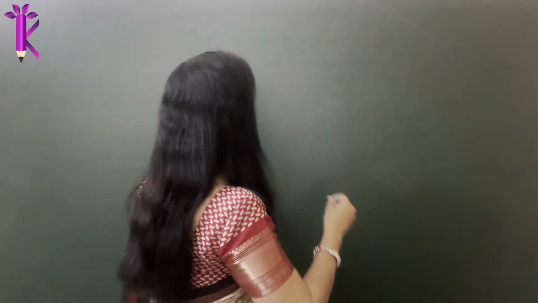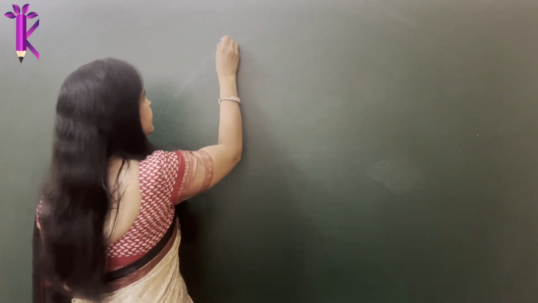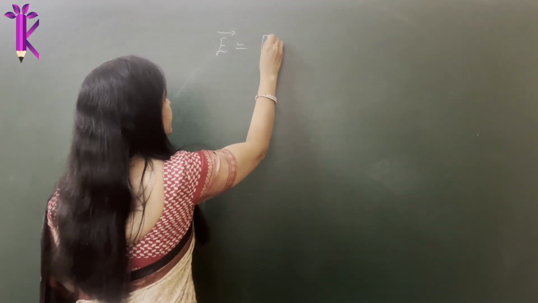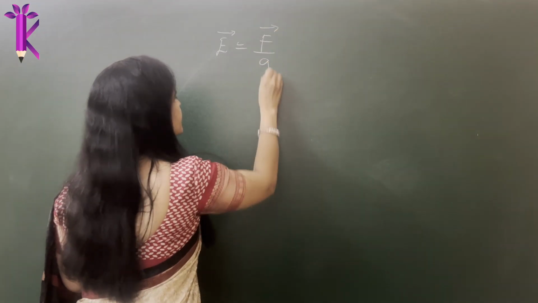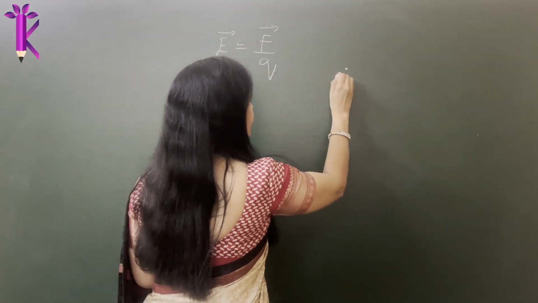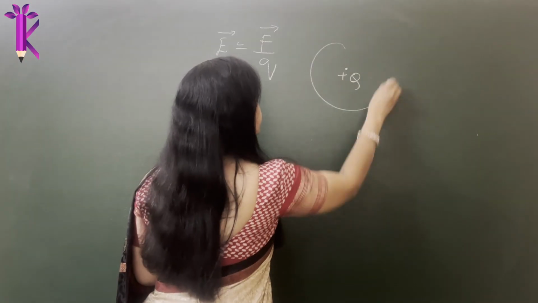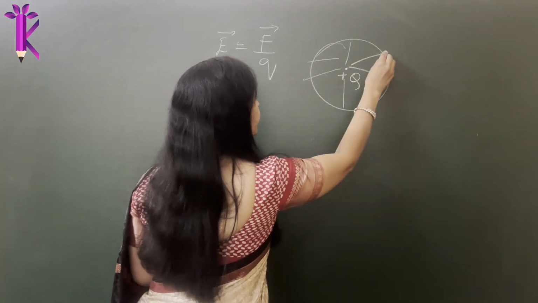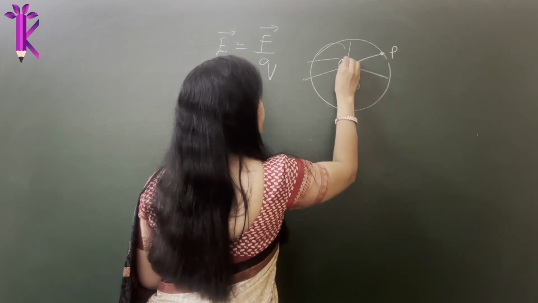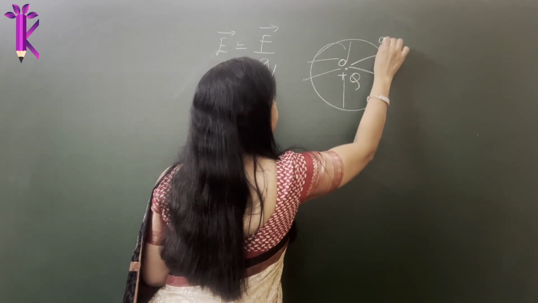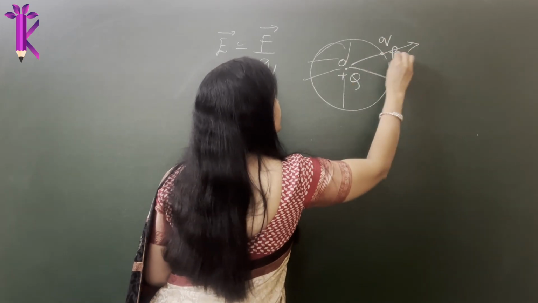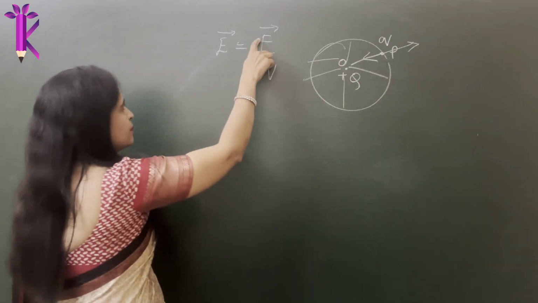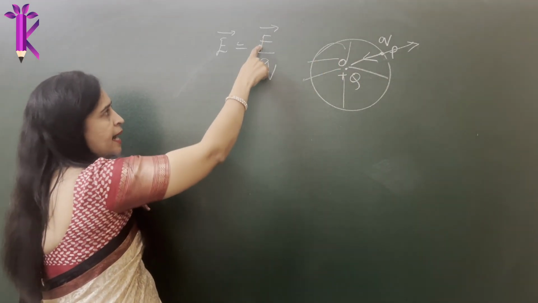So now what did we write? We wrote electric field is the force experienced by the test charge. So if this is the source charge plus Q, it creates its own area of influence in all directions, right? So any test charge placed at a point P, imagine this is at a point O, you have kept a test charge, it experiences a push or a pull, depending upon the force experienced by the test charge.